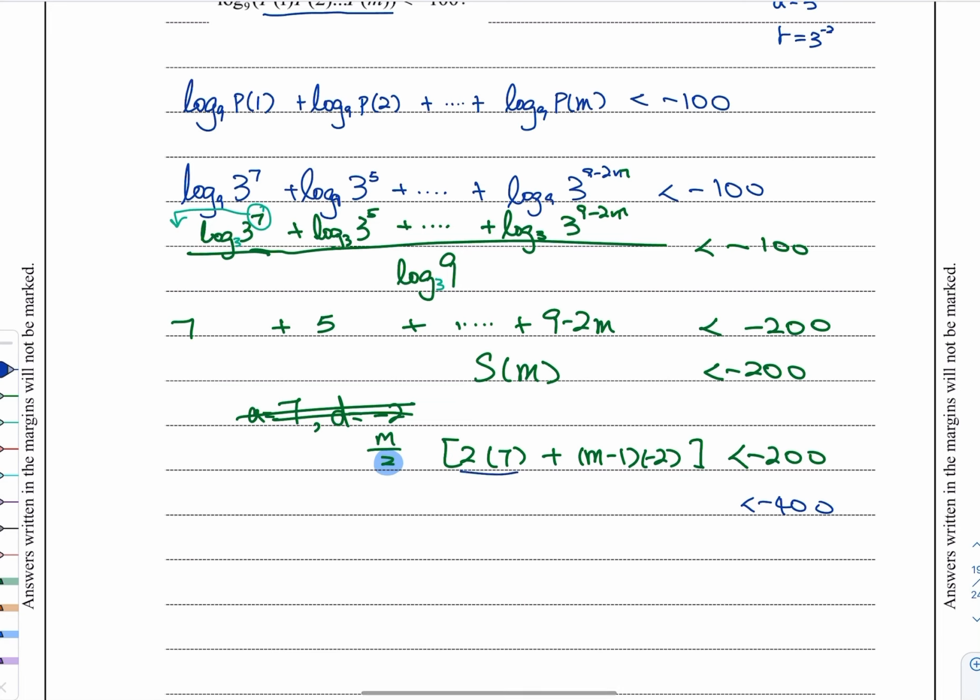Here, 2 times 7 is 14. And this one comes in, negative 2m plus 2. And then 14 plus 2, you have 16 minus 2m. Because I don't have a calculator, I'm doing it much slower, of course. And then just multiply in. So 16m minus 2m squared, and then that comes here as well.